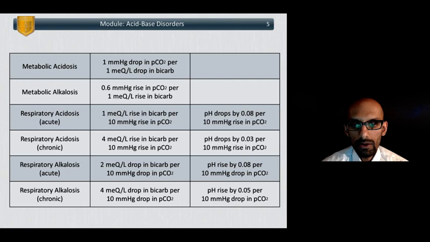And over here it just shows you the relative change in pH that occurs when you have a change in PCO2, both in acute and chronic settings. But you can see overall the idea being that patients are able to compensate for metabolic derangements way easier than they are for respiratory derangements.